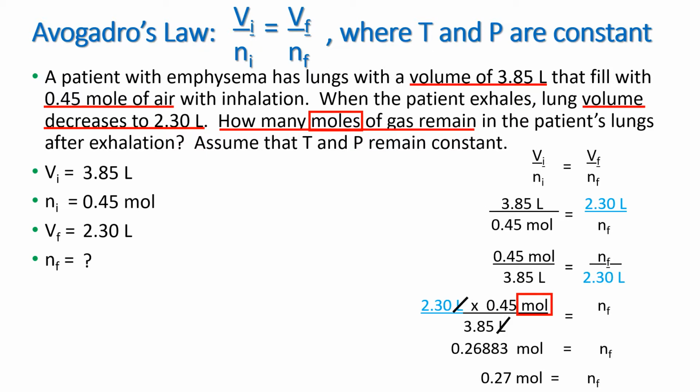To review, what we've done with this problem is what we've done with all the problems that we've worked. First, we identify which law that we're using, and in this case it was Avogadro's law, and that is that we had a problem with the changing variables of volume and moles. Second, we identified our known variables and the unknown variable.